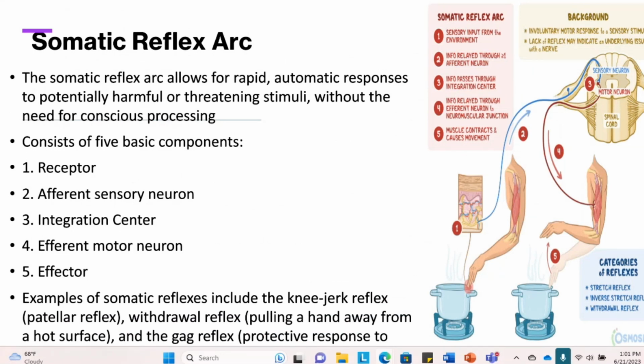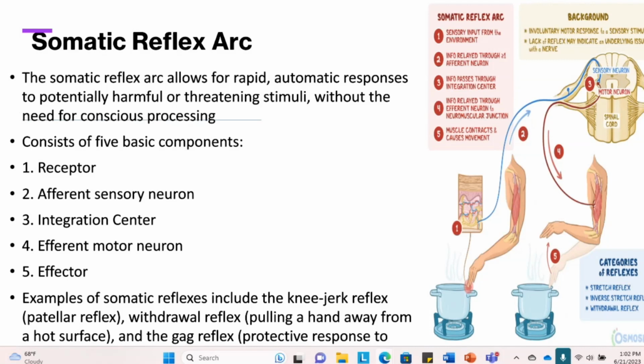If you had to summarize a somatic reflex in a few words, to give the idea of how we can remember this term and its association with the content. It's going to be involuntary, so you don't really have to think about this reflex or your reaction. That's the somatic? Yeah.